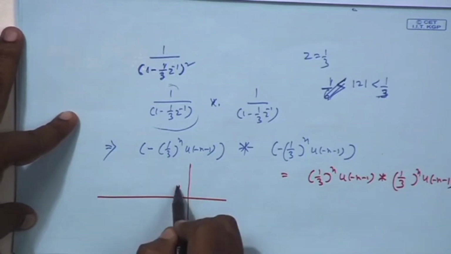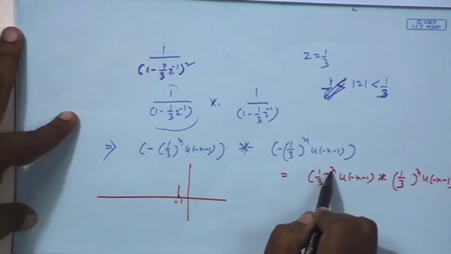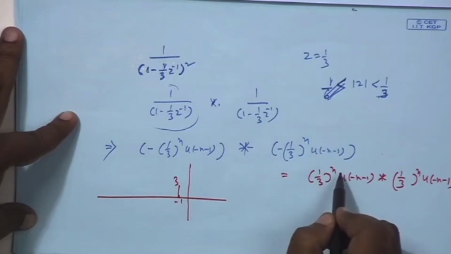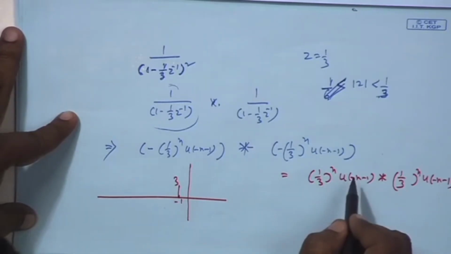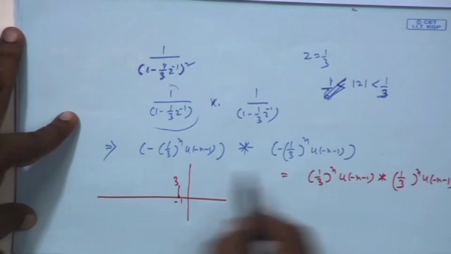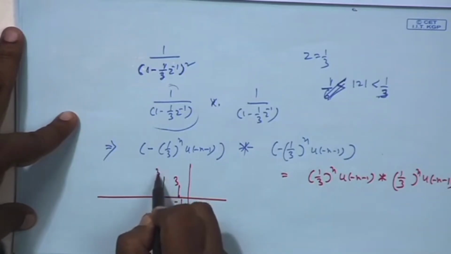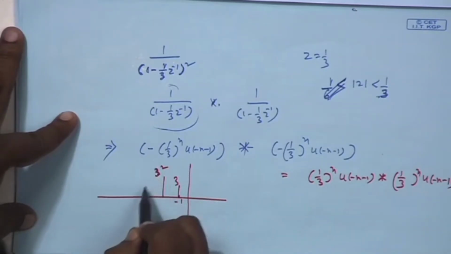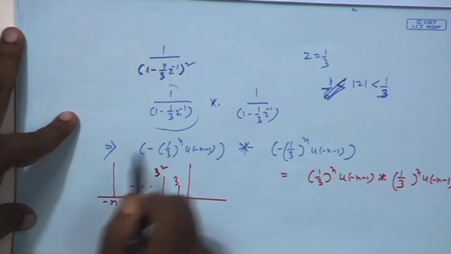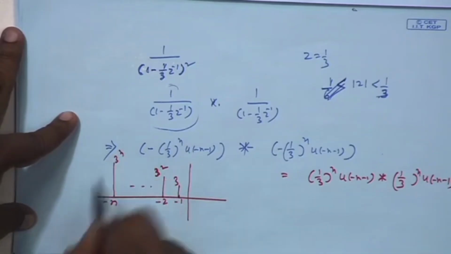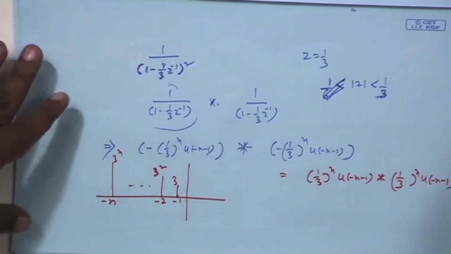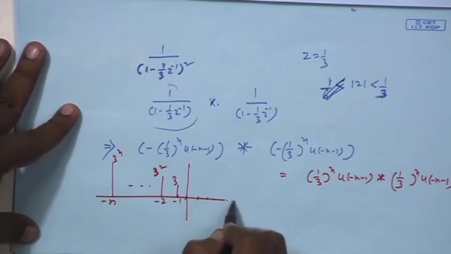At n equal to minus 1, it will be 1 by 3 to the power minus 1, that is 3. Then 1 by 3 to the power minus 2, so 3 square, dot dot dot. At minus n it will be 3 to the power n. This side is 0, 0, 0, 0, 0, 0.